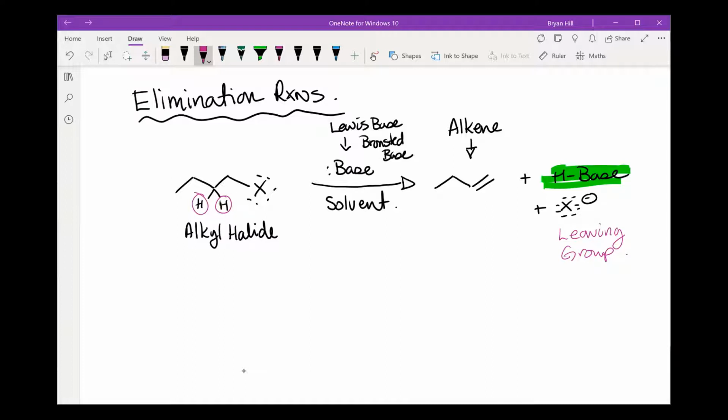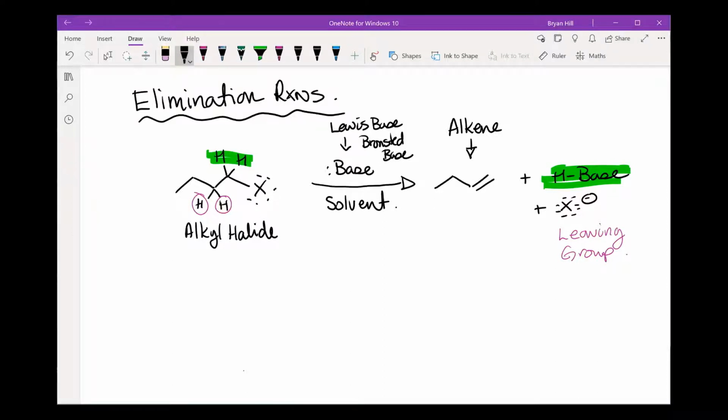Often if there's a mistake, sometimes people try to remove protons on the same carbon as the leaving group, but nothing happens to the two protons in green. The base is going to remove the protons which have been circled. So that's the difference between a substitution reaction, where the Lewis base is going to attack the carbon with the leaving group, and an elimination reaction, where the base is going to attack the protons next to the carbon with the leaving group.